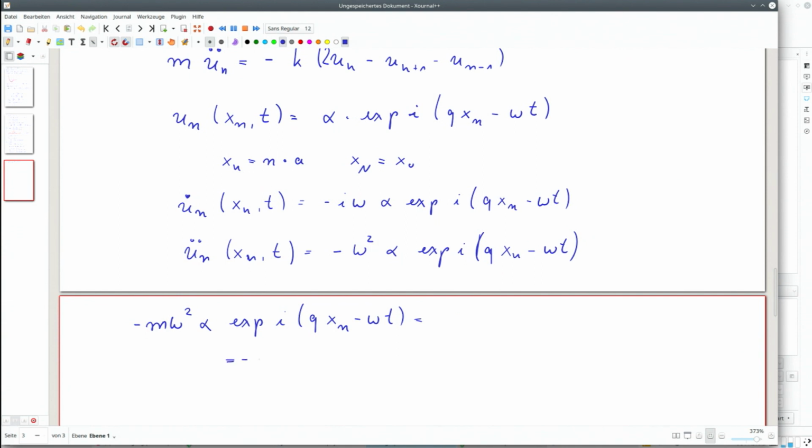equals minus k 2 un, which is alpha exp I q xn minus omega t minus alpha un plus 1.